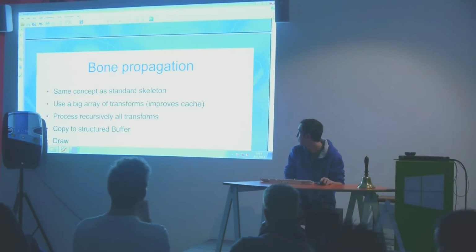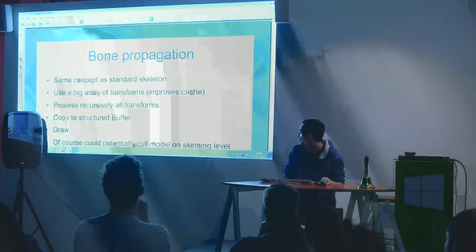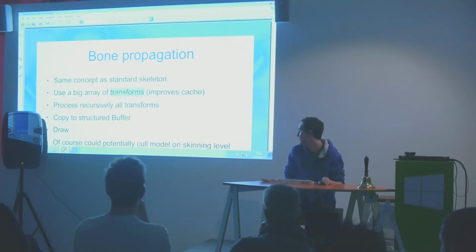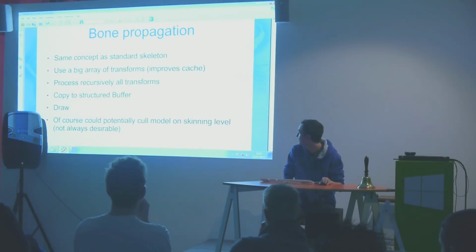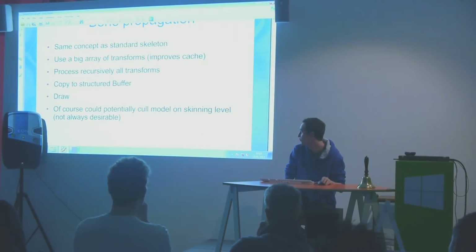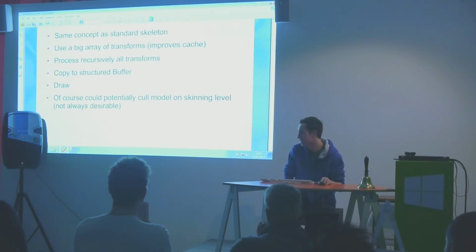For bone propagation, you put a big array of transforms separately because it improves cache use, but that's another topic. You process all your transforms and copy them to a buffer. We could of course cull the models if we want, but that's not always desirable.